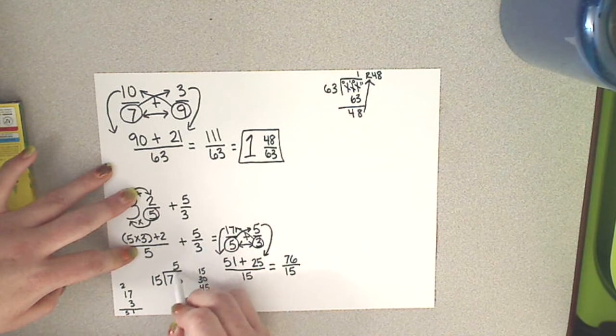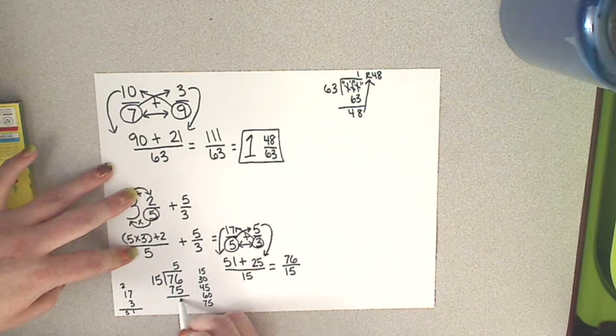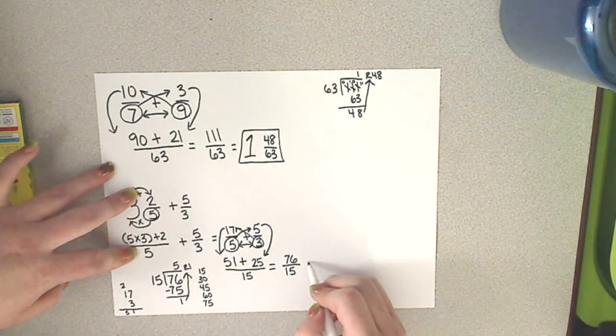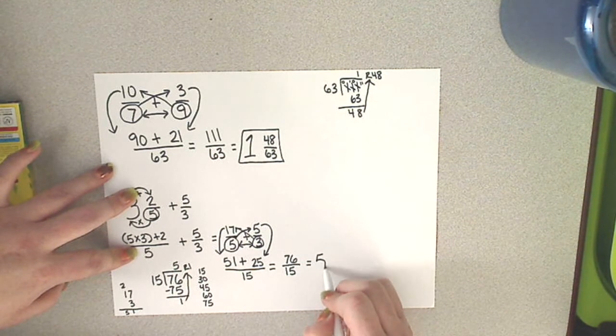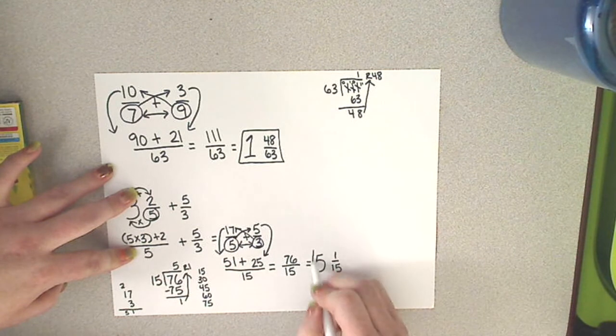So we can fit this 5 times. 15 times 5 is 75. We have a remainder of 1. So this now converts to 5 and 1/15.